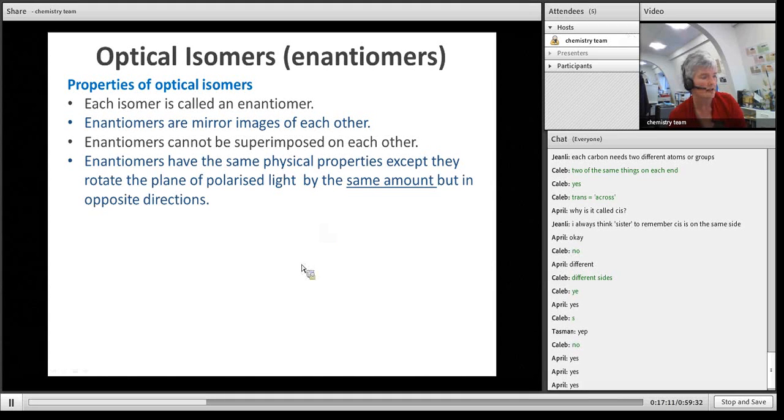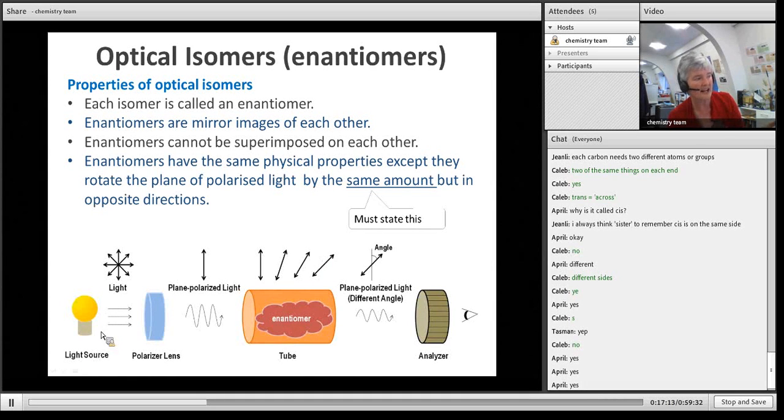So polarized light is light that can only go in one plane. Here's light that sends out signals in all directions. When it goes through a Polaroid lens, what happens? The crystals in that lens are all in one direction, so only the light that vibrates in that plane can get through. Any other light gets blocked. So all this light gets stopped, except for the light that is in the same plane as all those crystals in the Polaroid.